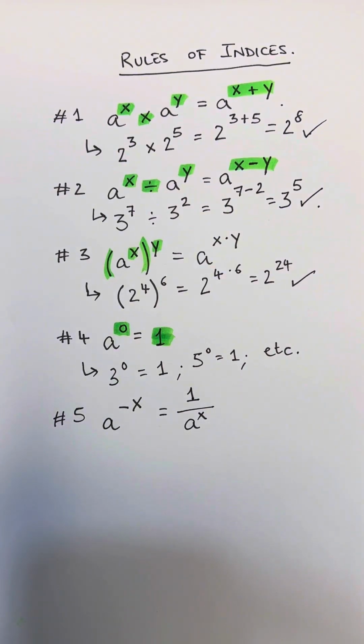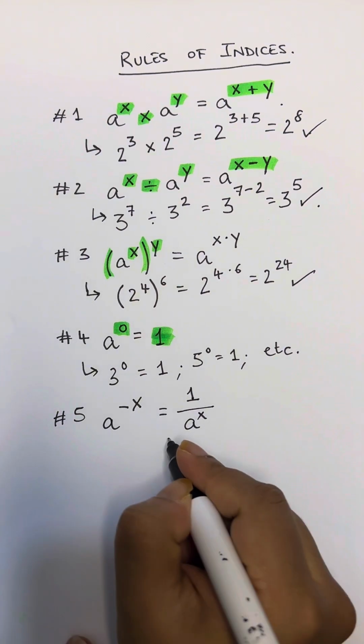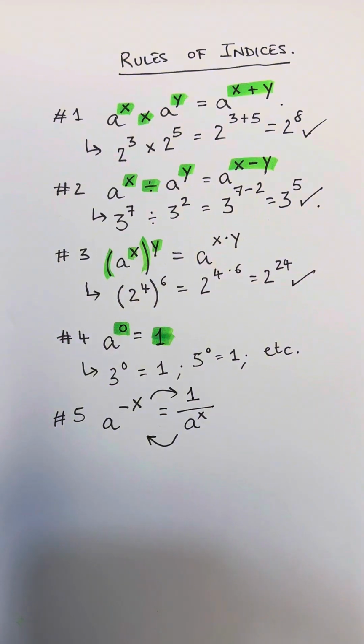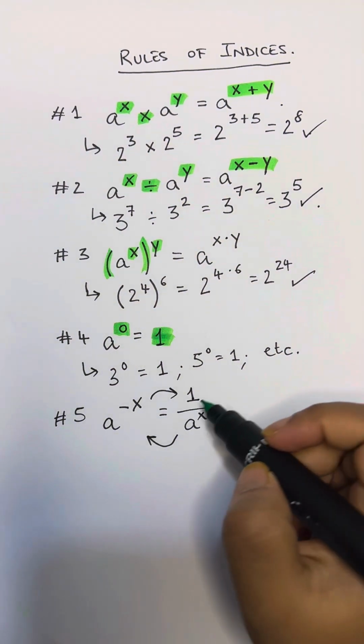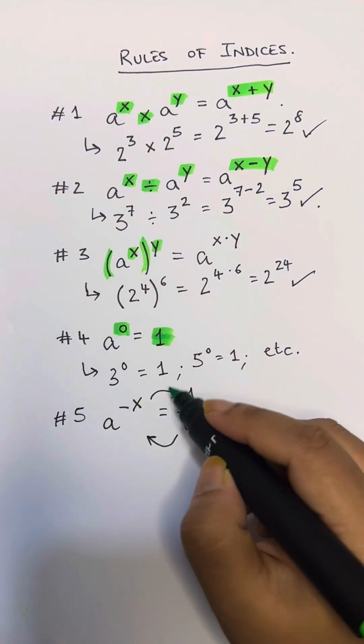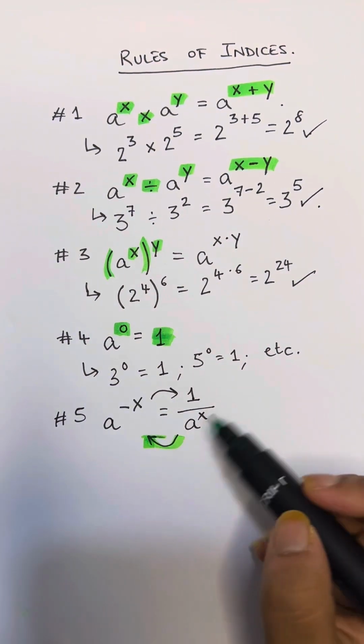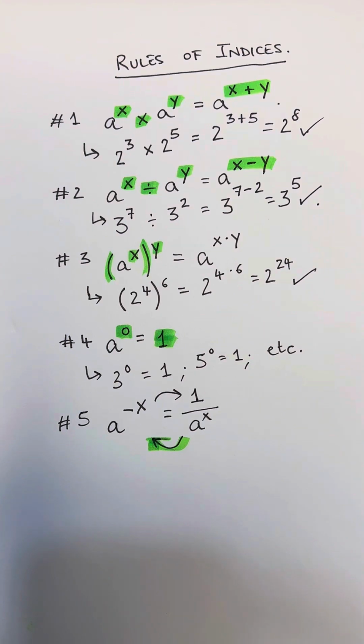So in maths, we need to remember that when we have an equal sign, this and this are vice versa. So if in an exam they want your final answer in this form, you can always just convert it back.